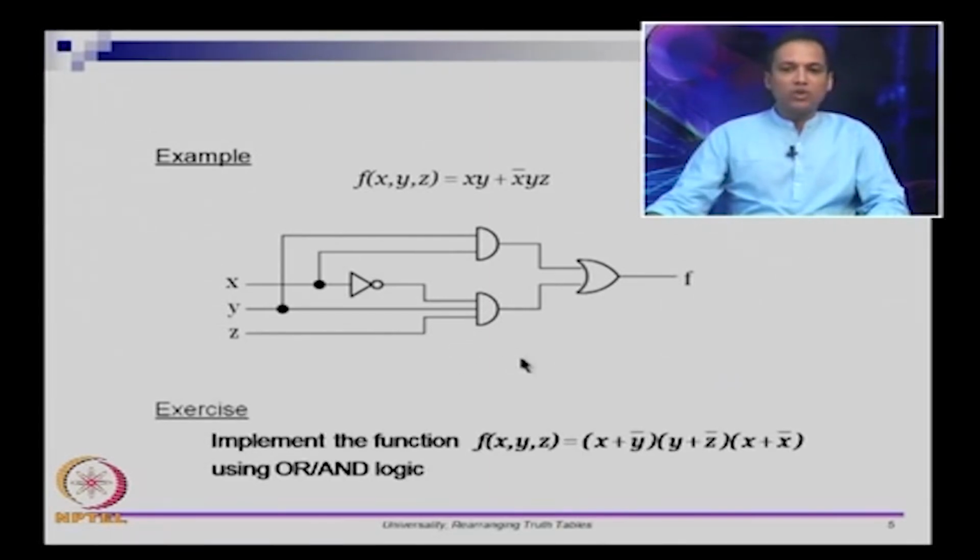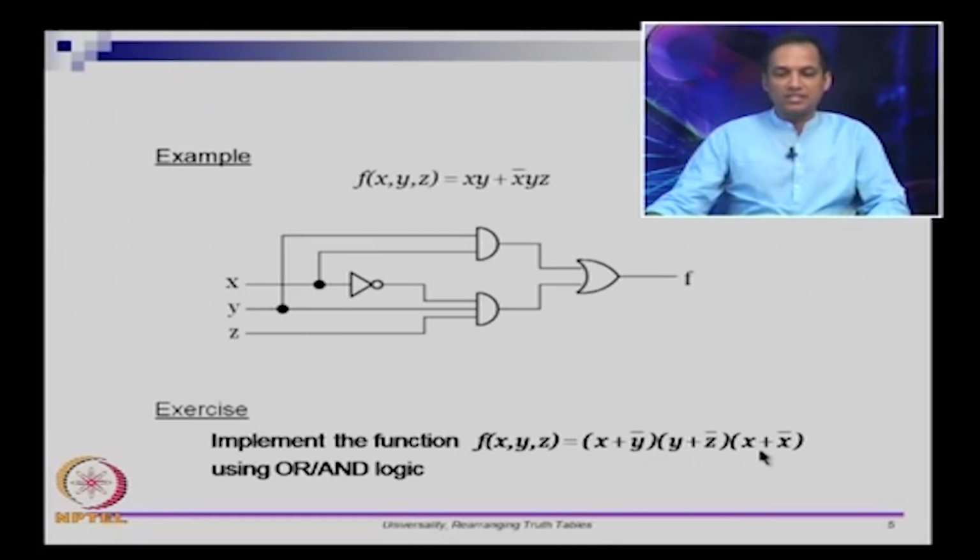So I would like you to go and implement the function f of xyz as (x plus y complement) and (y plus z complement) and (x plus x complement) using OR AND logic. So in OR AND logic, this is a product of some terms.